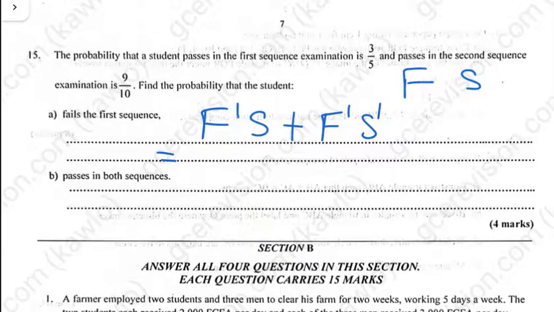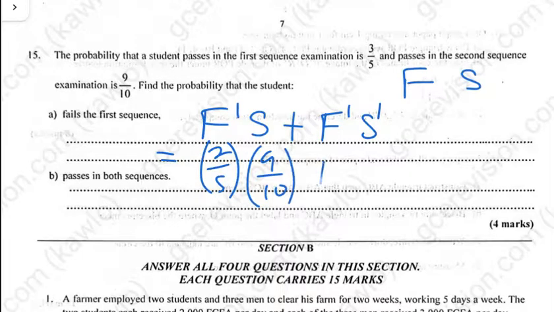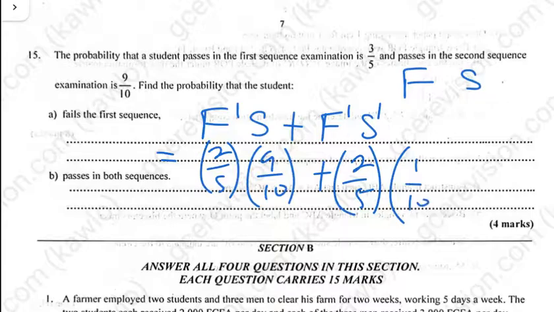So this will be equal to, for the first sequence, pass is 3 on 5, so fail is 2 on 5, times the second sequence pass, 9 on 10, plus fails the first sequence, 2 on 5, and also fails the second sequence, that is 1 minus 9 on 10, which is 1 on 10.